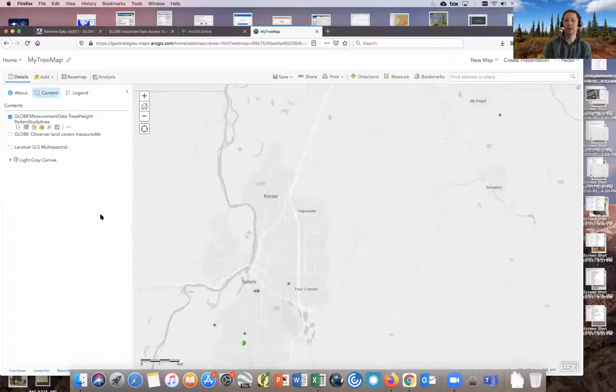And now I actually have this map open and available to me so that I can add it to a story map. I can use it as something that is part of the whole presentation that I'm going to do. So I wanted to highlight how you take data out of the GLOBE database system for an area of interest and be able to make a map like this.